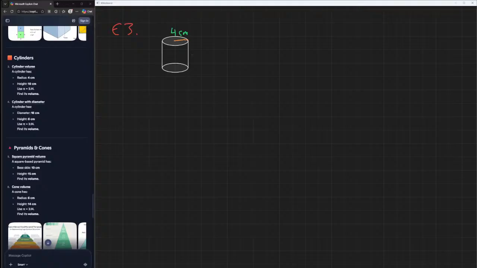We have a height of 10 centimeter, and pi is 3.14. So it's the same formula, width times the height times the other part, okay?